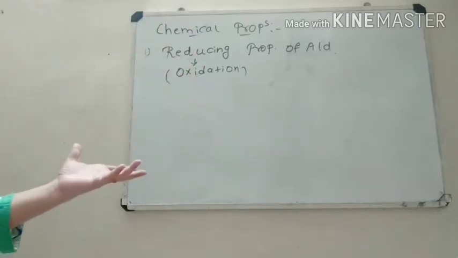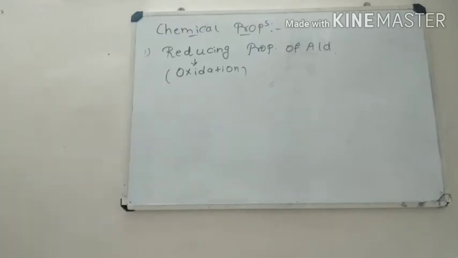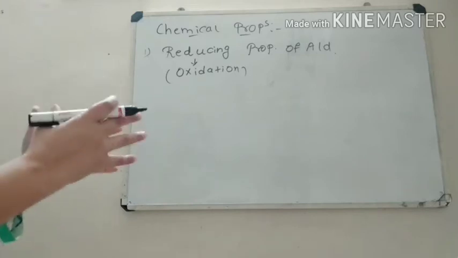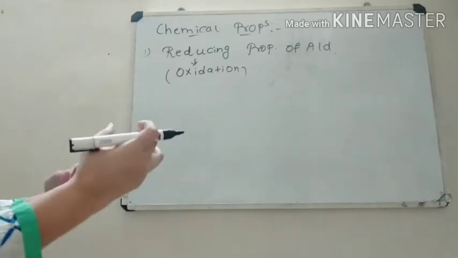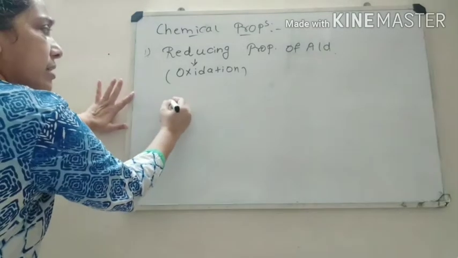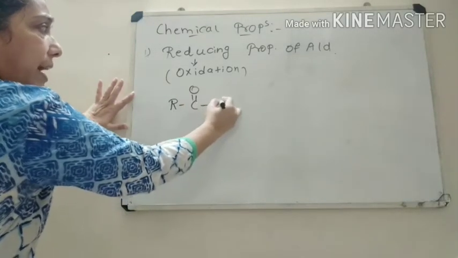This question can be asked: why can only aldehyde show the reducing property, not the ketone? Then the answer: if we take the general formula for aldehyde, it is RCOH.